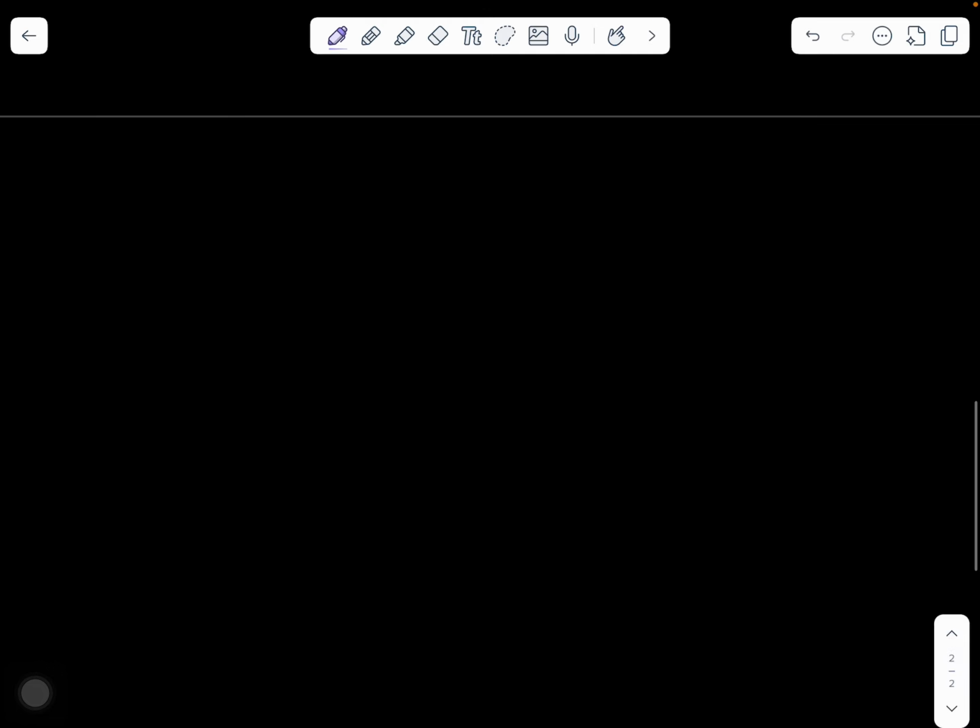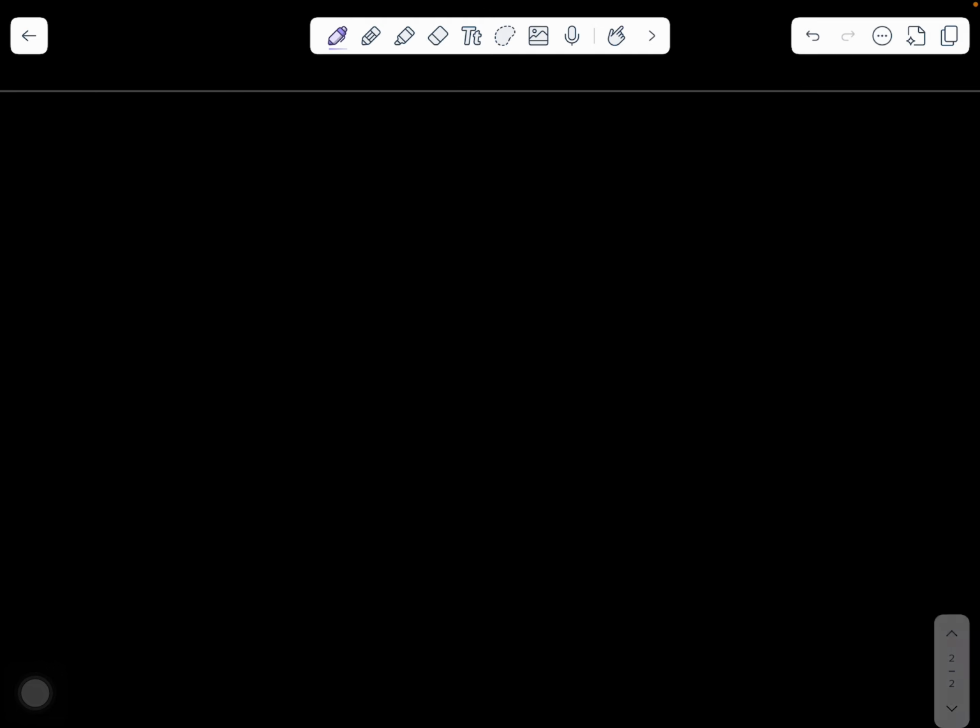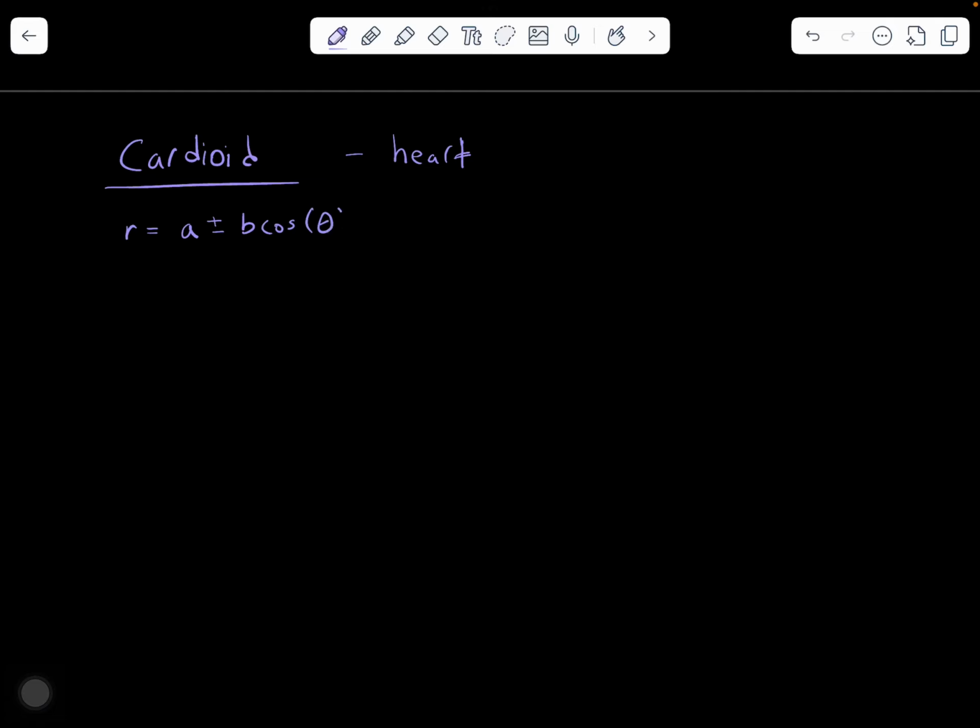So the next graph that we need to know is a cardioid, which is kind of like a heart. So a cardioid is when you have your function as a form of a plus or minus b cosine theta, or it could be sine as well.